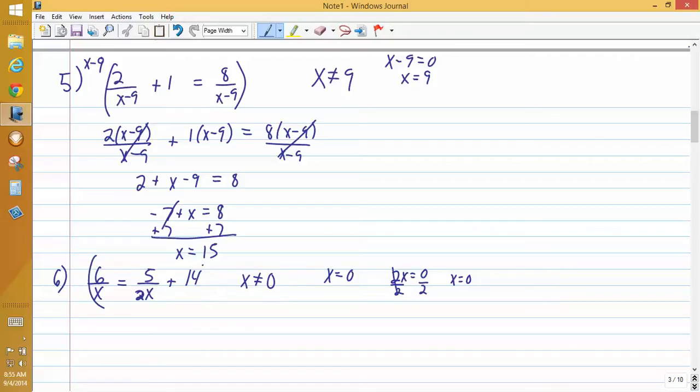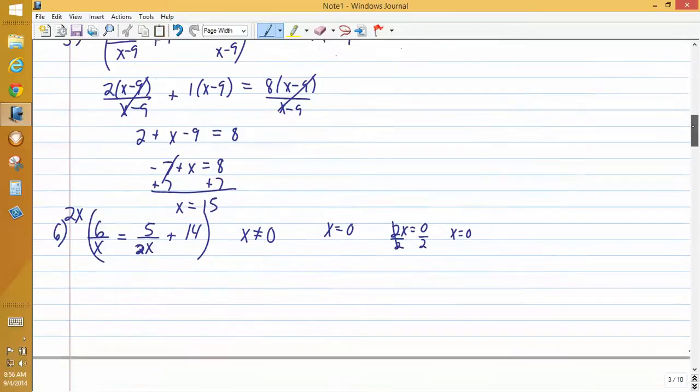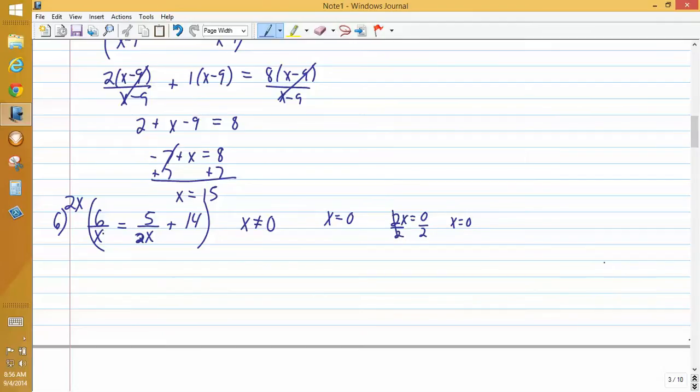Alright, now the least common denominator, we have to take an x to the first. We also have to take a 2. Okay, so I want to multiply every term times 2x. So 2x times 6 is 12x over x equals 2x times 5 is 10x, and that's over 2x, plus 2x times 14 is 28x.